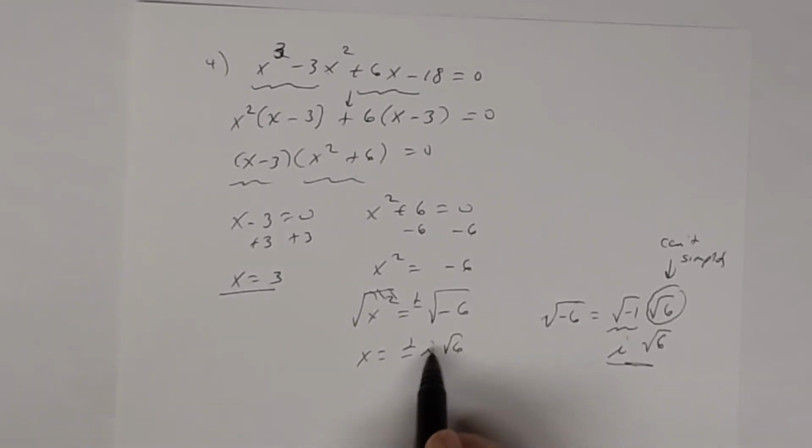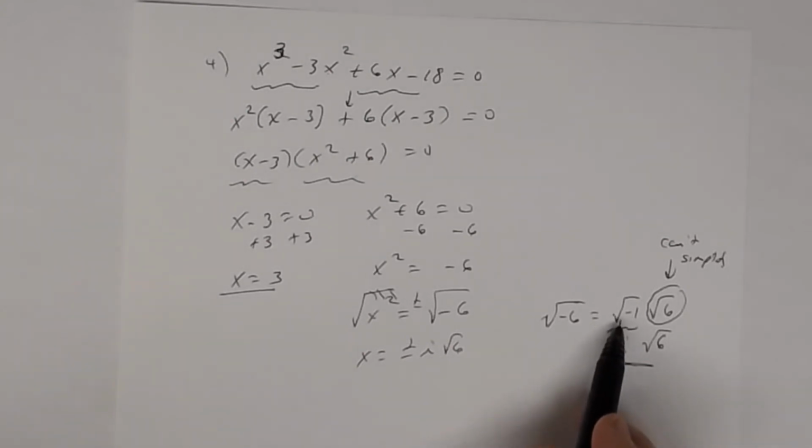Now, if you want to put the imaginary unit i on the back end, be careful. Don't put i underneath that square root, because i is defined to be the square root of a negative 1.